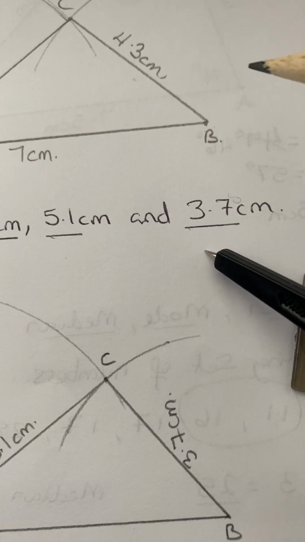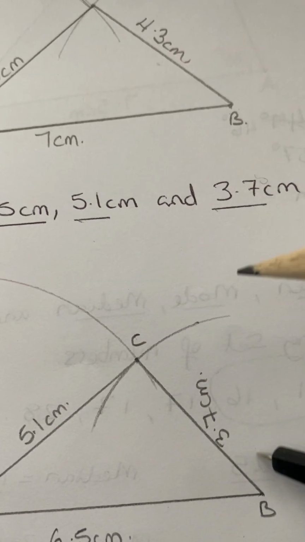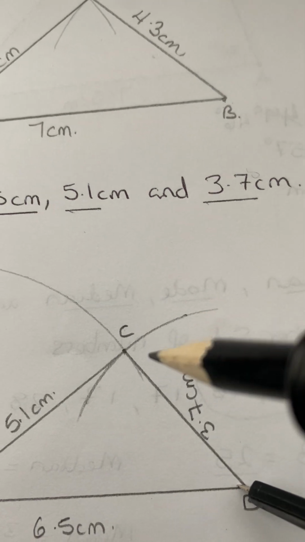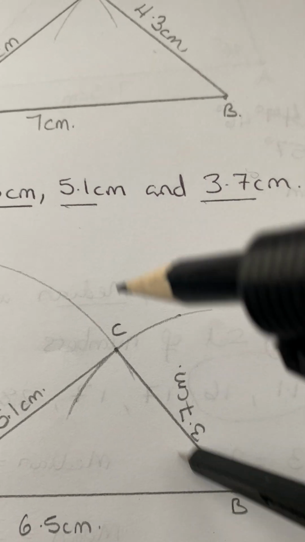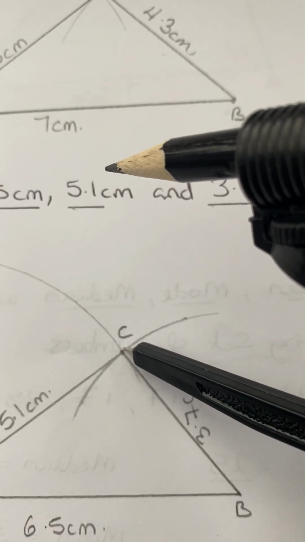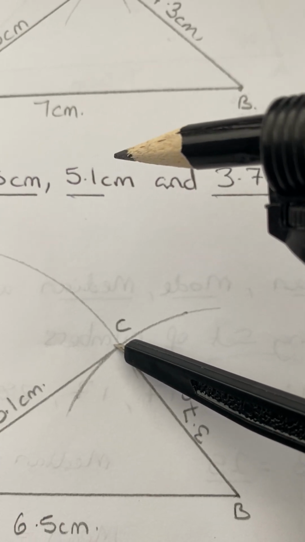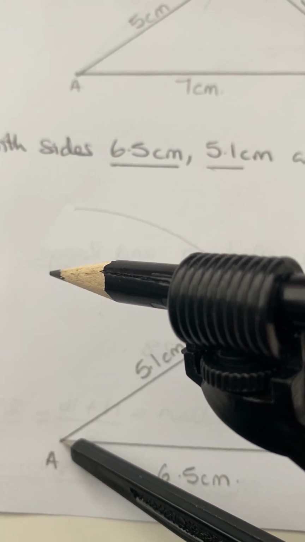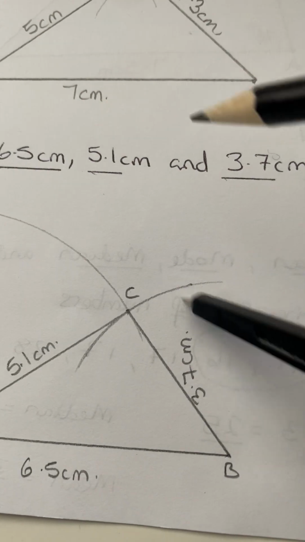The next length is 3.7 centimeters. Use B as your reference point. Get the measurement. Draw the second arc. Where they meet, C is your point of intersection. So you draw A to C and B to C.